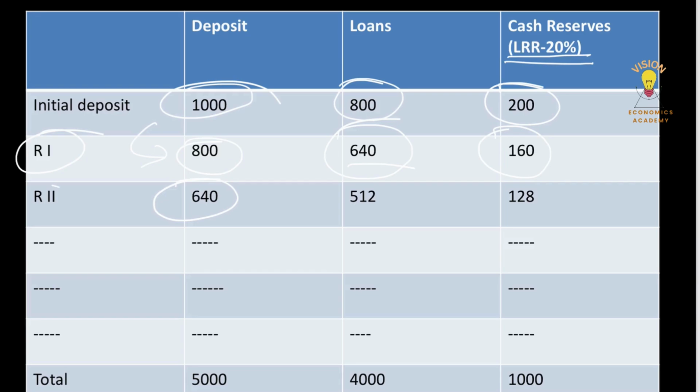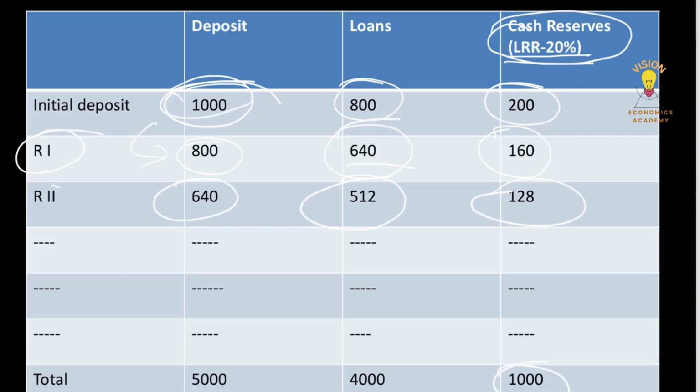And we all know all the transactions are being routed through the bank. So again, 20% of 640 is 128 and 512 is given as a fresh loan, and this process continues until and unless the cash reserves become equal to the initial deposit.